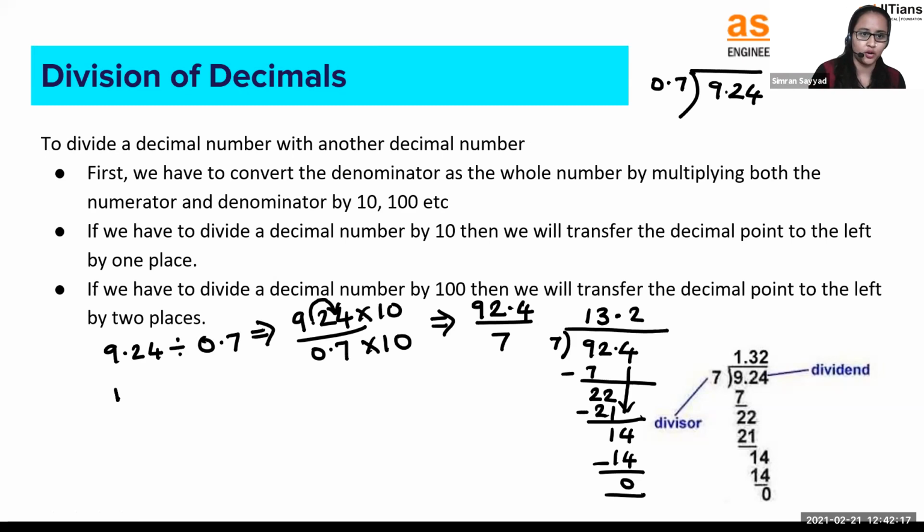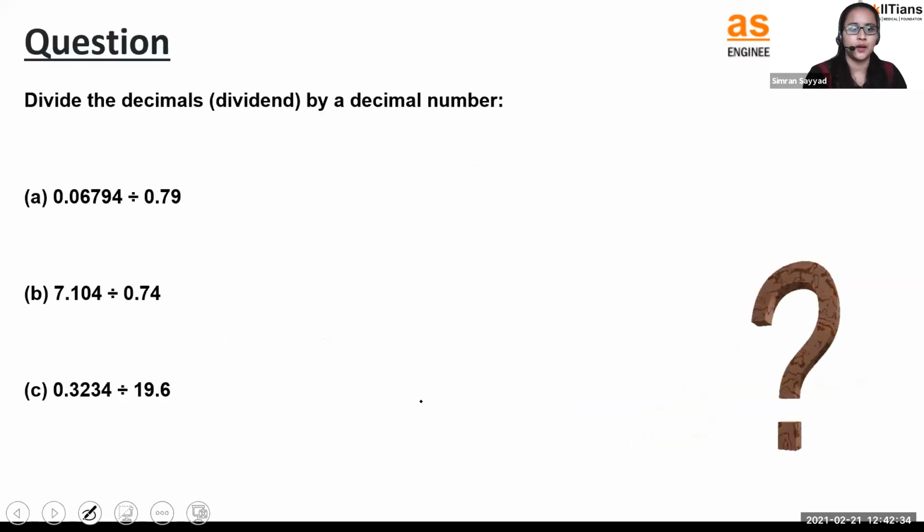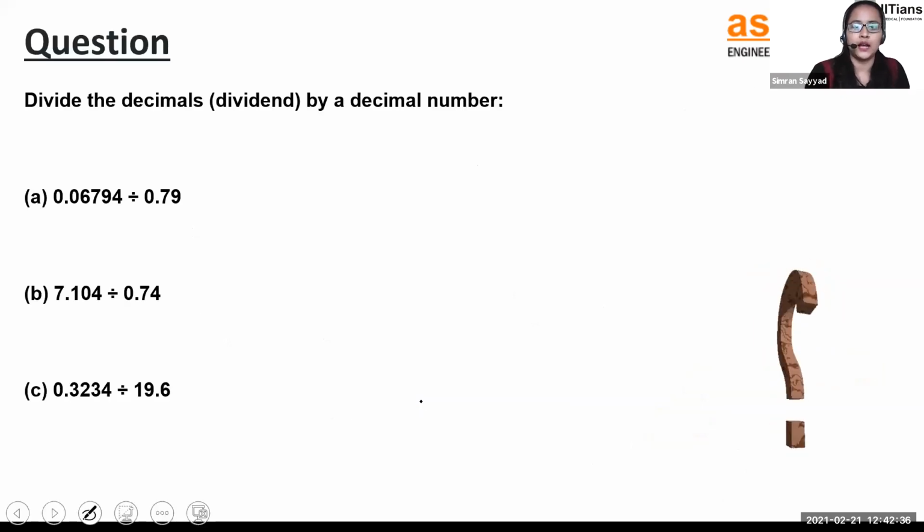See, this is very important. Your divisor should always be a whole number, and your dividend is a decimal number. Okay? Understood?